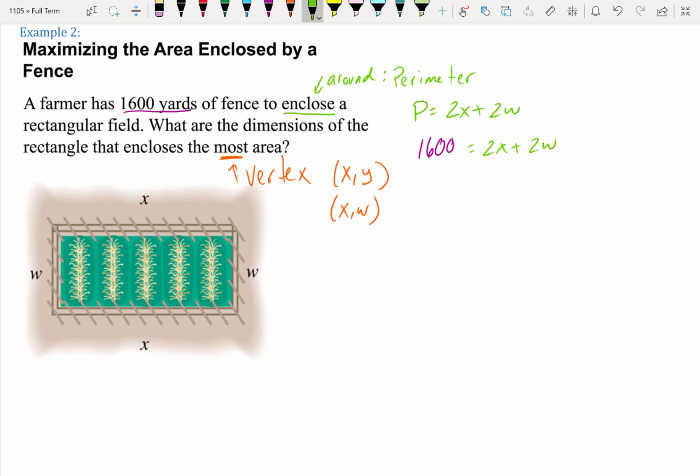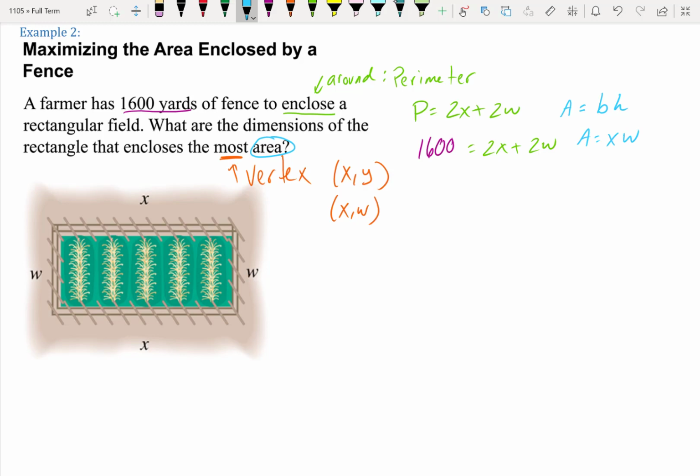And we actually have one more formula. Area. We know area is base times height, but in this context, it is x times w.